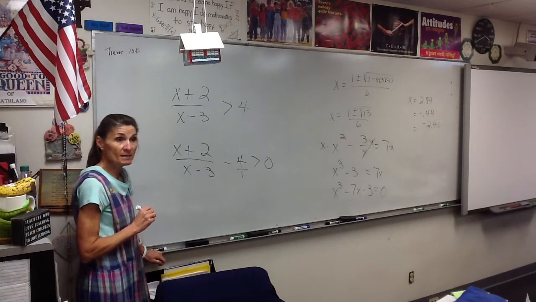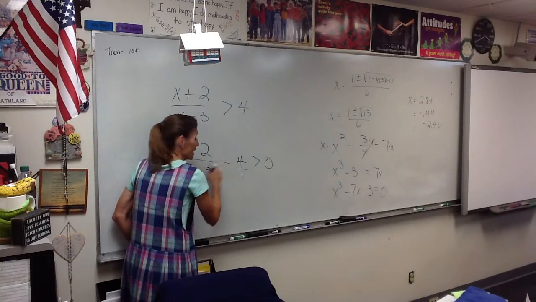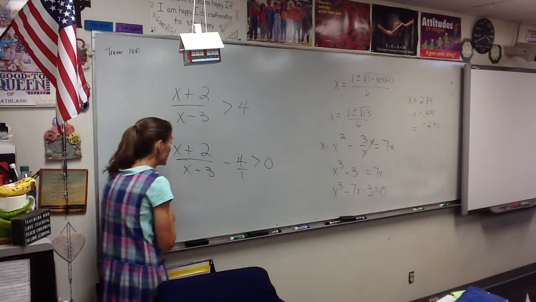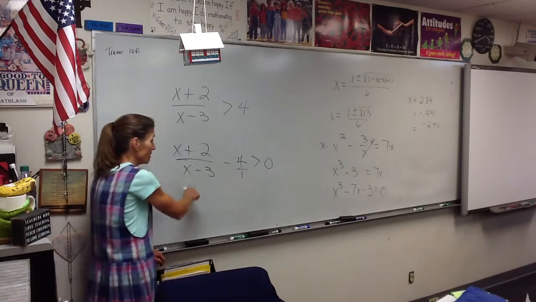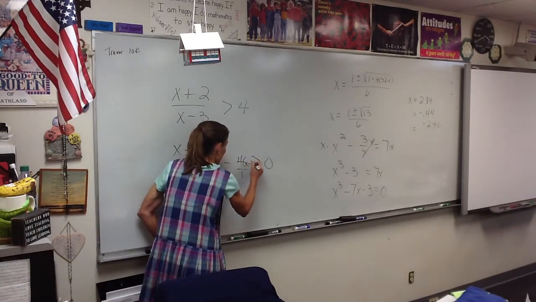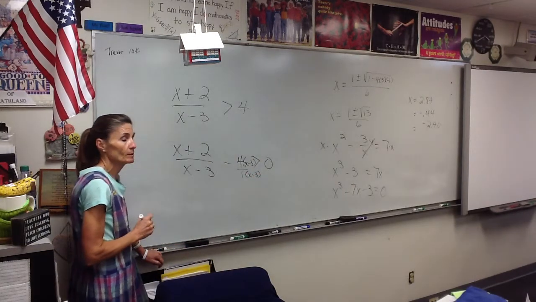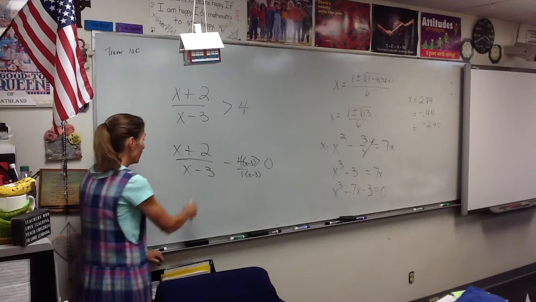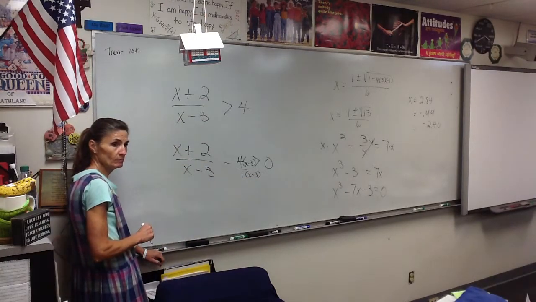So I'm going to get a common denominator so that I can actually subtract these two things. Okay? So what will my common denominator be? X minus 3. So I'm going to multiply this by x minus 3 over x minus 3. Now both of my fractions have the same denominator, correct?